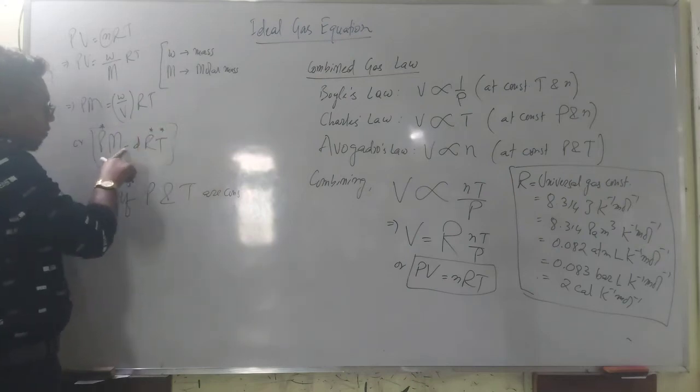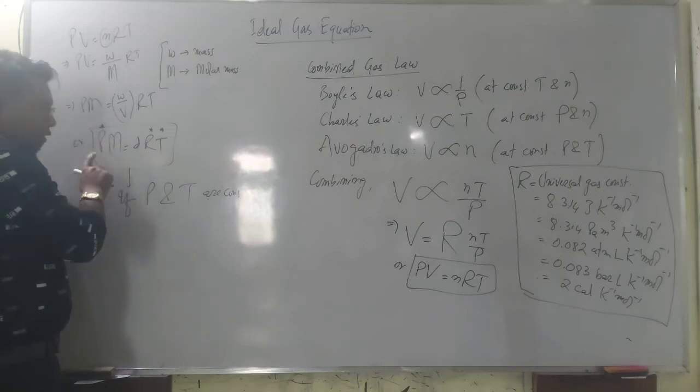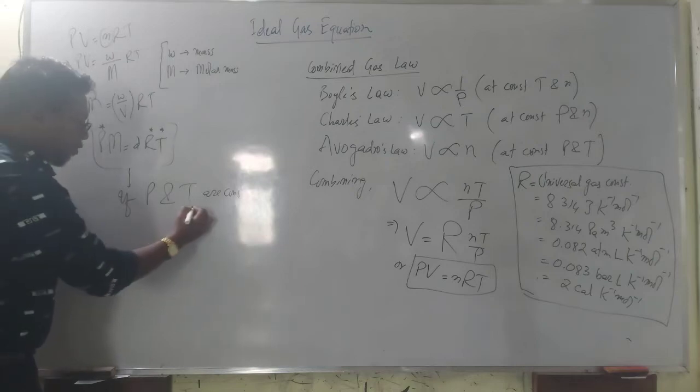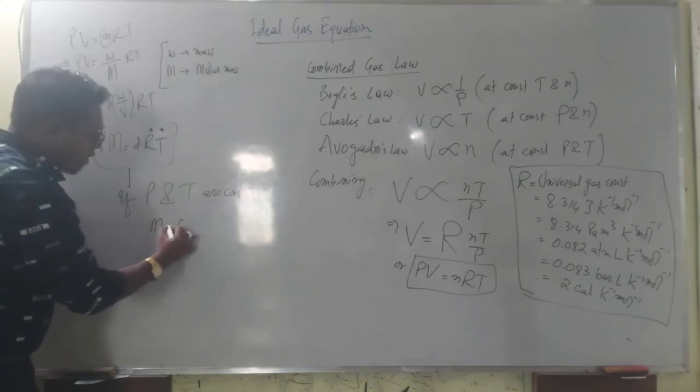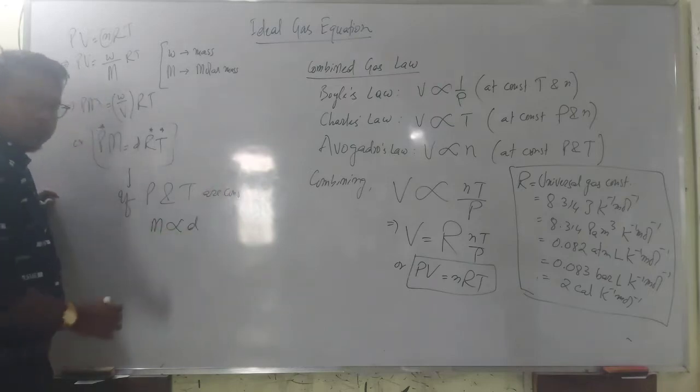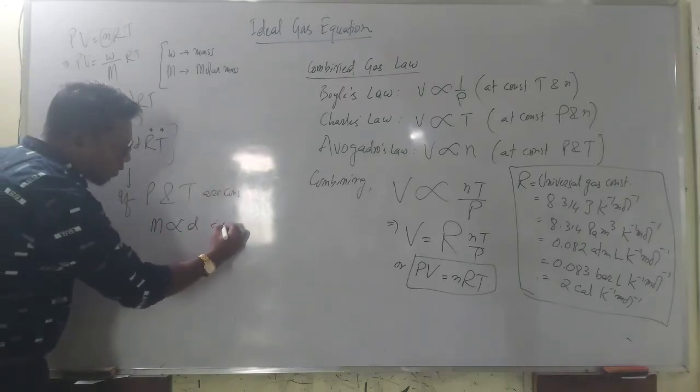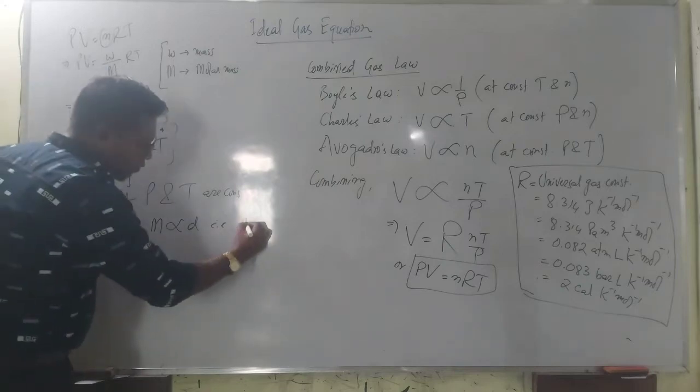So molar mass and density will be directly proportional to each other at constant pressure and temperature. So I can write M is directly proportional to d.